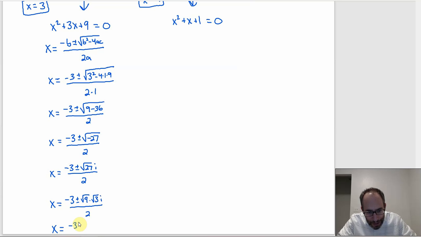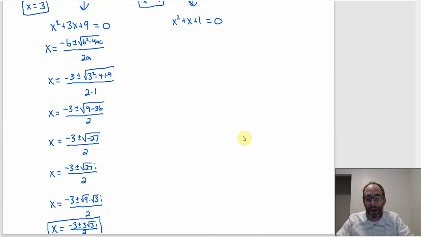Negative 3 plus or minus 3 radical 3 i all over 2. Barely got that in. All right. Okay, so now we're up to 4 answers, right? Because we had 2 up there, and then we got the 2 more because of the plus or minus. Now we got to get the last 2.